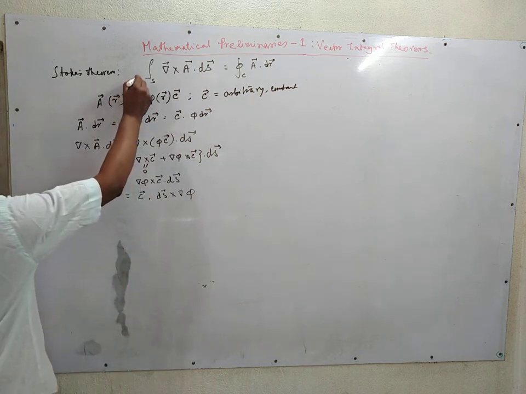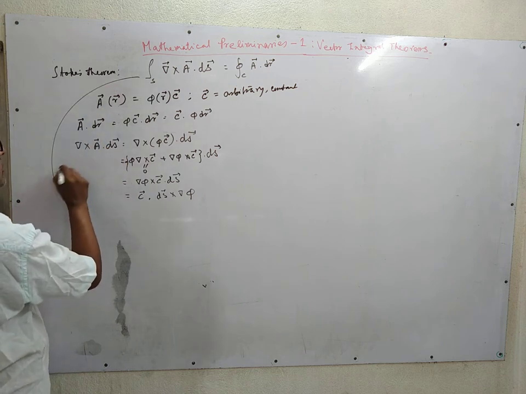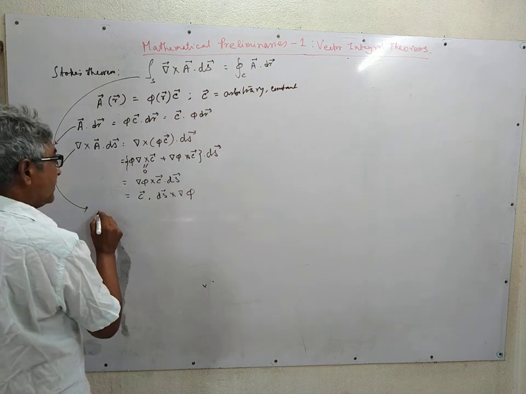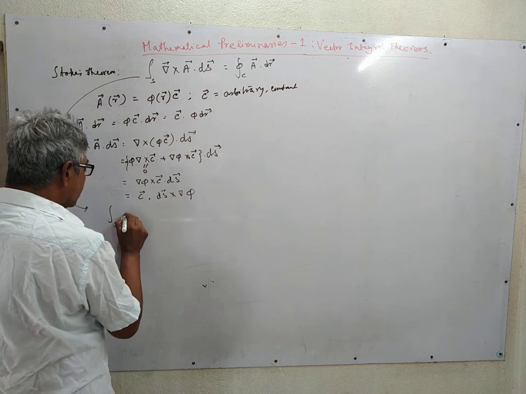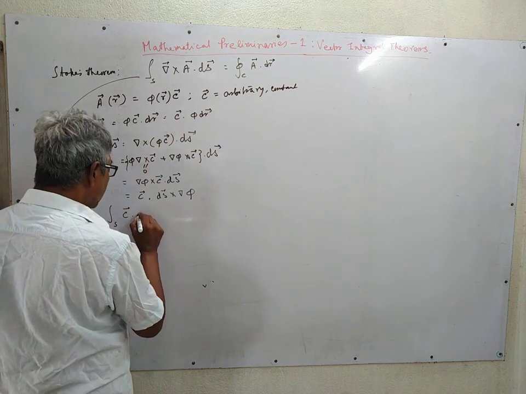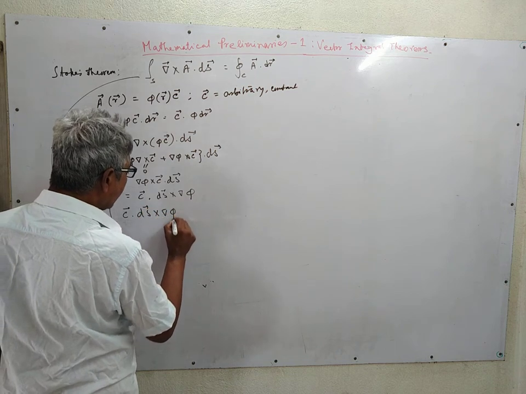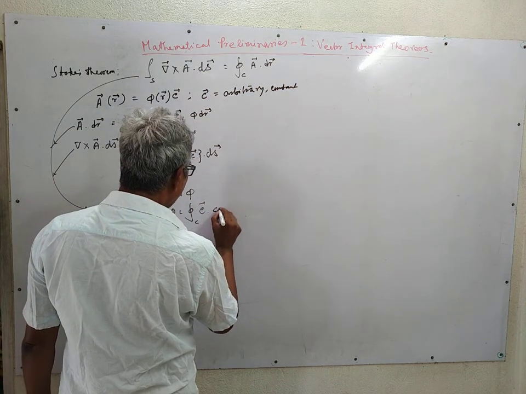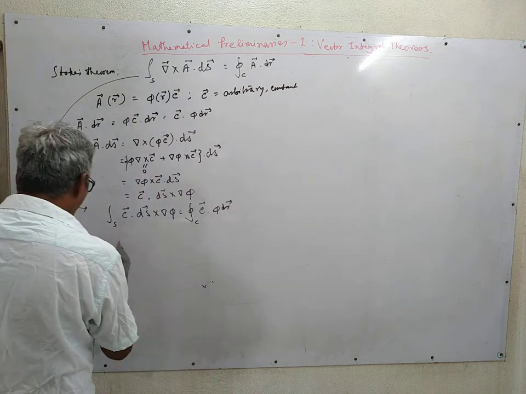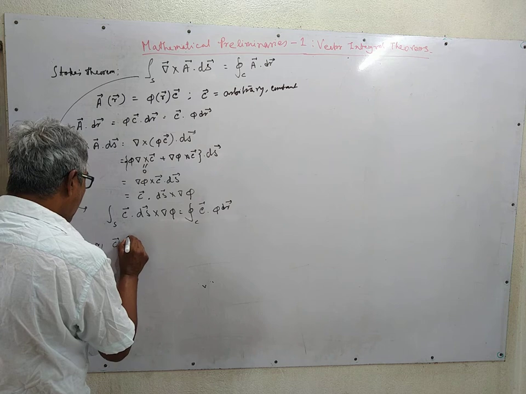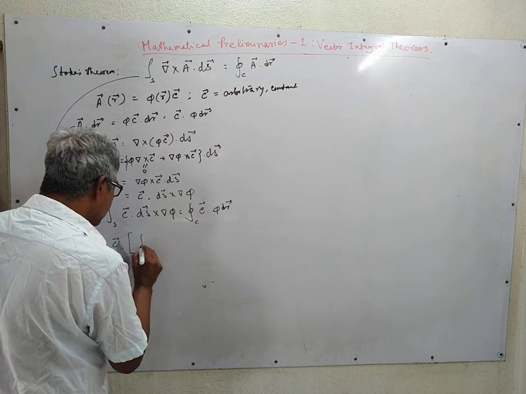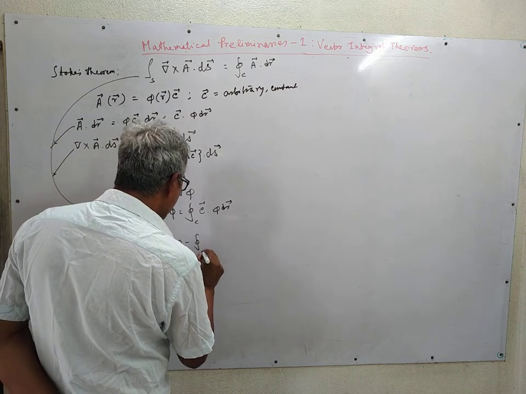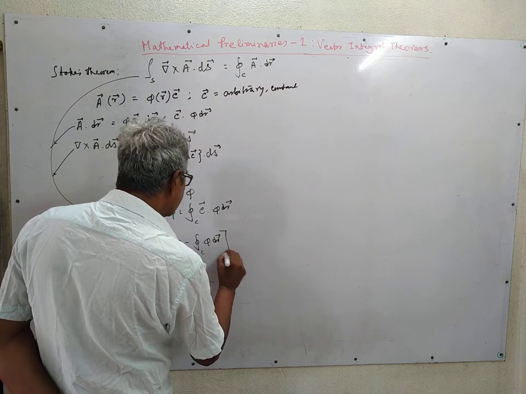Applying this condition, the final result is surface integration C dot ds cross grad phi is equal to contour integration C dot phi dr. Since C is constant, it can be taken out and we write it as C dot [surface integration ds cross grad phi minus contour integration phi dr] is equal to 0.